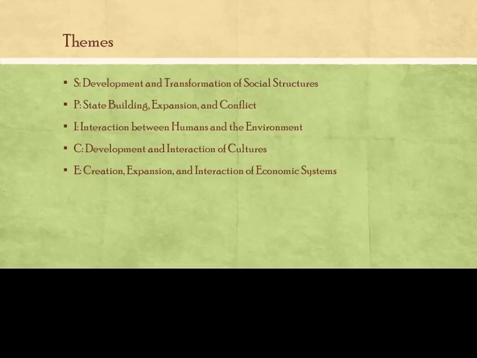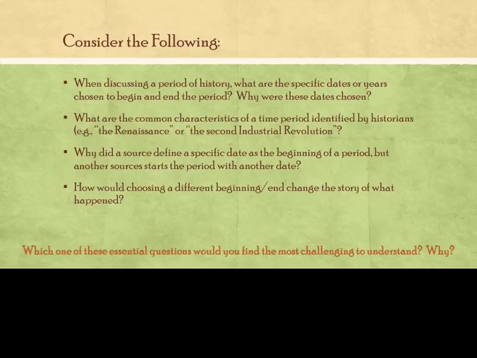The development and interaction of cultures, and the creation, expansion, and interaction of economic systems. You should be able to apply many of these themes to any of the chapter content that we're learning about throughout the school year.